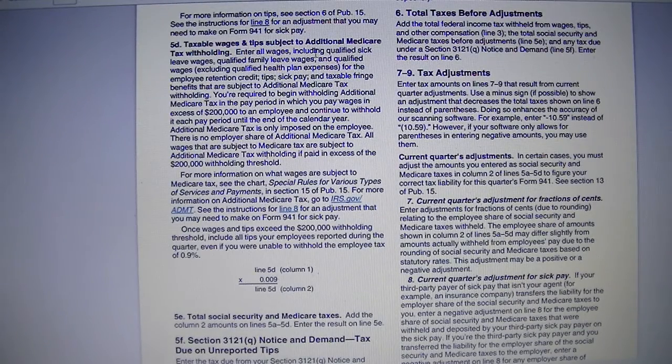Enter all wages including qualified sick leave wages, qualified family leave wages, and qualified wages excluding qualified health plan expenses for the employee retention credit, tips, and sick pay and taxable fringe benefits that are subject to additional Medicare tax withholding. You are required to begin withholding additional Medicare tax in the pay period in which you pay wages in excess of $200,000 to an employee and continue to withhold it each pay period until the end of the calendar year.